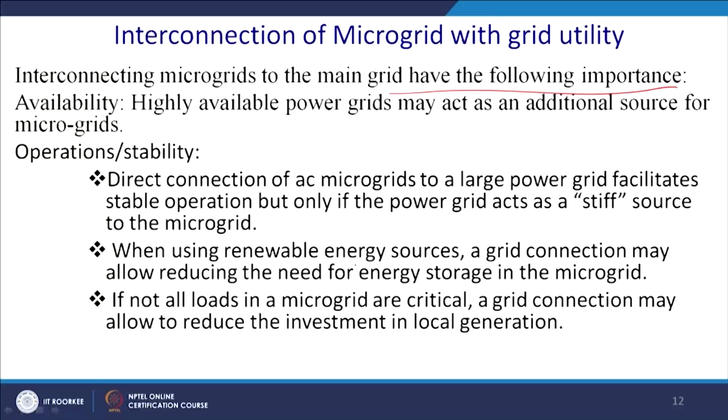When using renewable energy sources, a grid connection may allow reducing the need for energy storage in the microgrid. For this reason, it is quite helpful, because there is a concept of autonomy. Let us say you have a mostly solar microgrid, and you may consider a rainy day, and thus generation of power will be low, and for this reason we need to design the battery size.